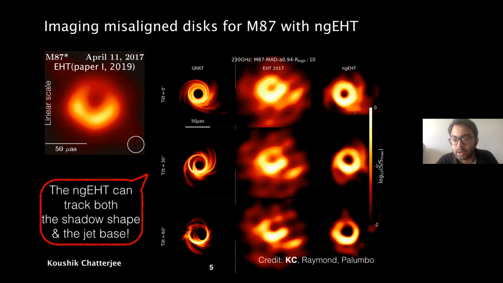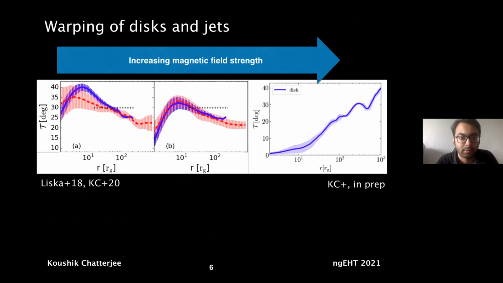So this is where the dynamic range in flux of the ngEHT would be very useful. One other thing is that we have the extended flux, but we also have the shadow size, which you will be able to better constrain with the ngEHT. And you do see that the shadow size changes as you change your tilt angle. So this is just one of the applications with the ngEHT.